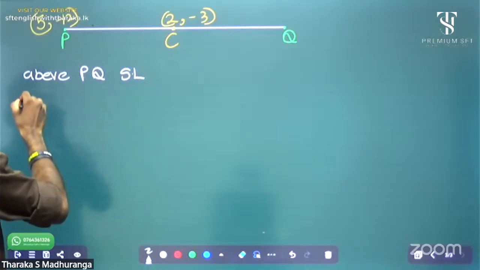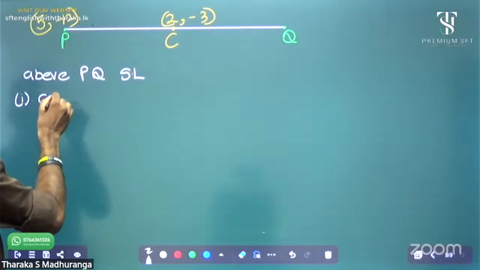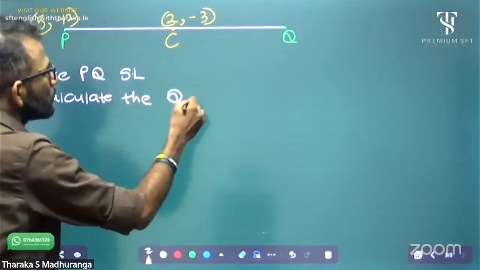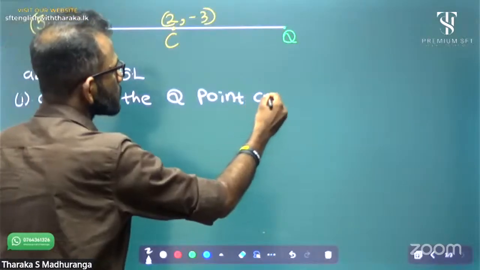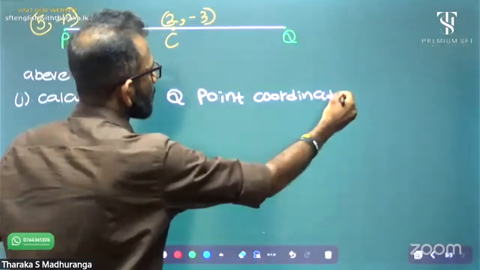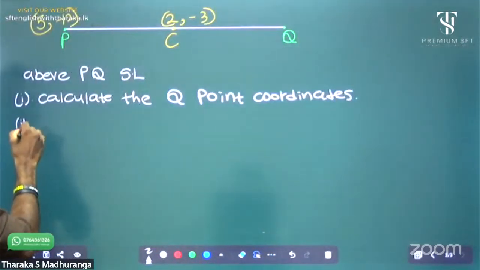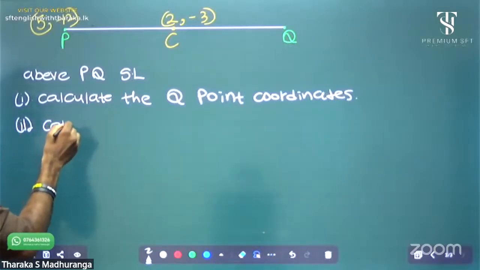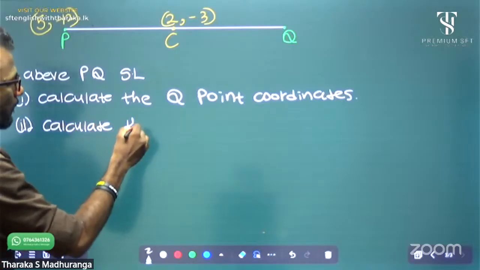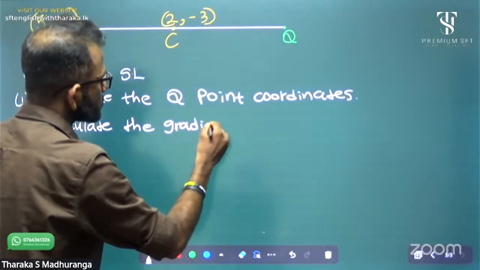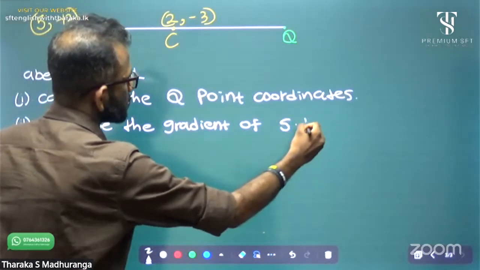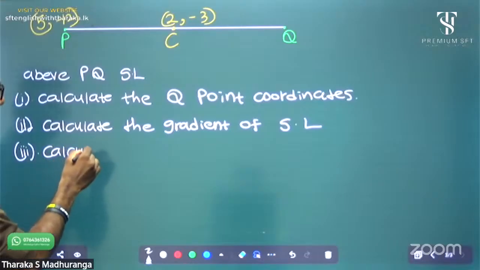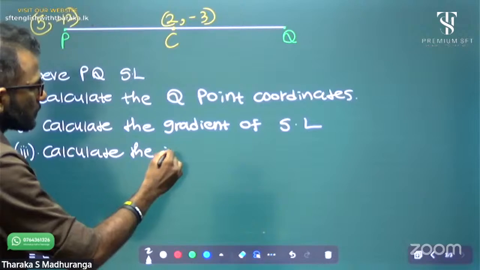Calculate the Q point coordinates. Second, calculate the gradient of the straight line. Third one, calculate the intercept.